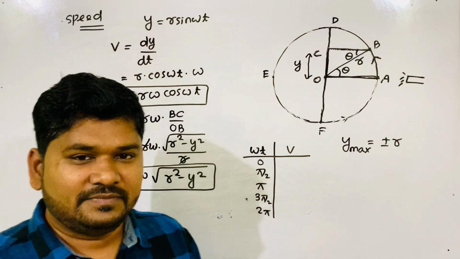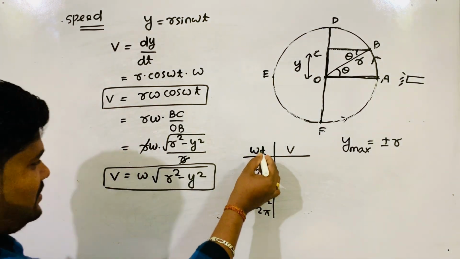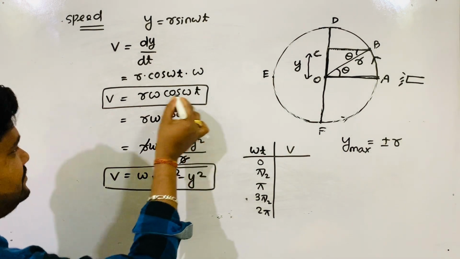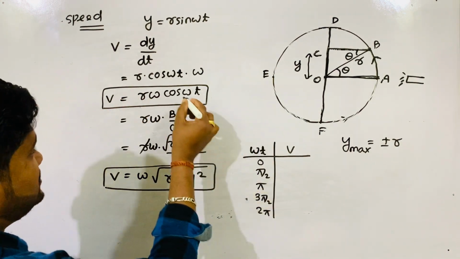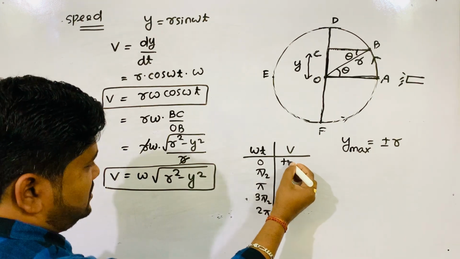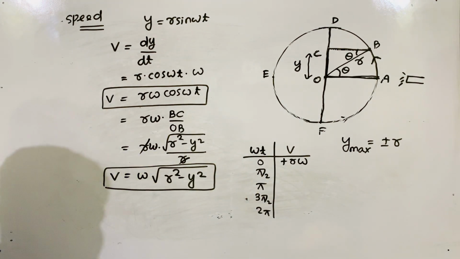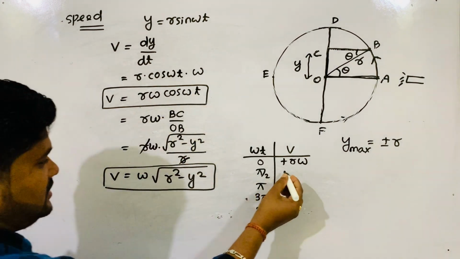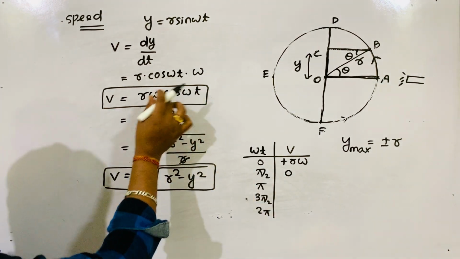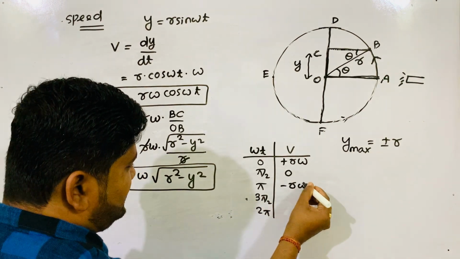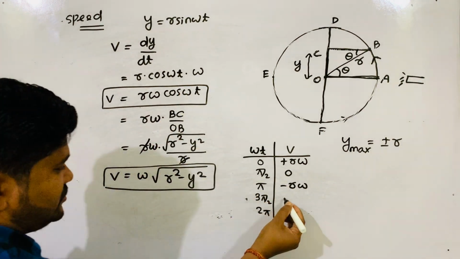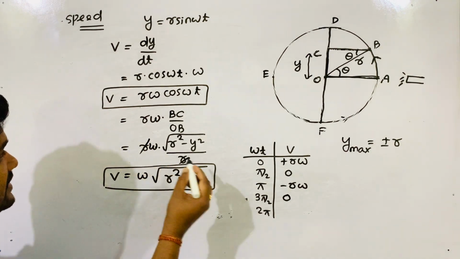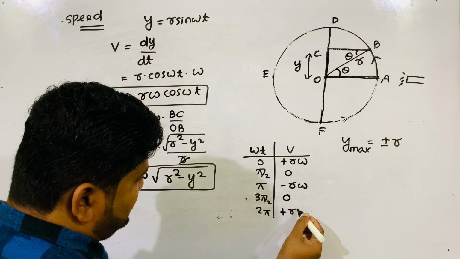When omega t is 0, see what the value of v is: cos 0 is 1, so plus r omega. Then omega t pi by 2, cos pi by 2 is 0; then pi, minus 1, so minus r omega; 3 pi by 2 again 0; then 2 pi, cos 2 pi is again plus 1, so plus r omega.